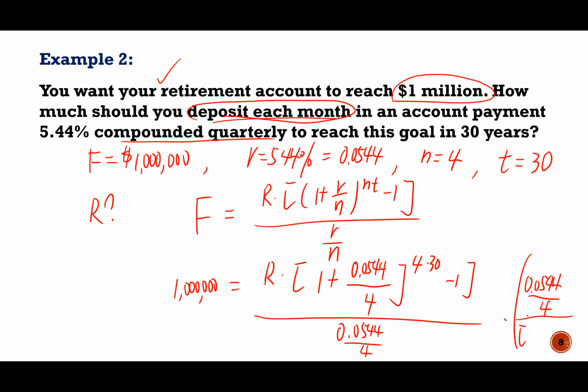So it's going to be 1 plus 0.0544 over 4, raised to the 120th power, which will be an open parenthesis here, shouldn't be a square bracket, open parenthesis to the 120th power minus 1. Okay, that goes on both sides of the equation.